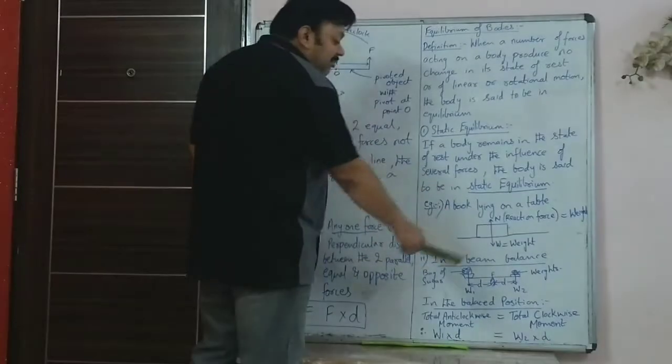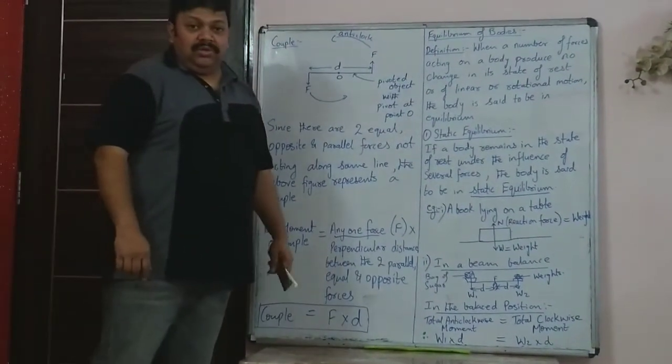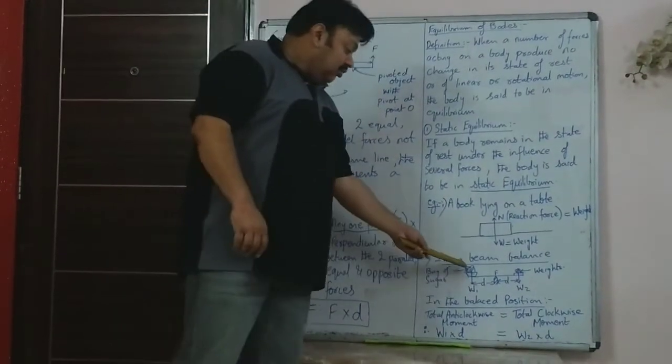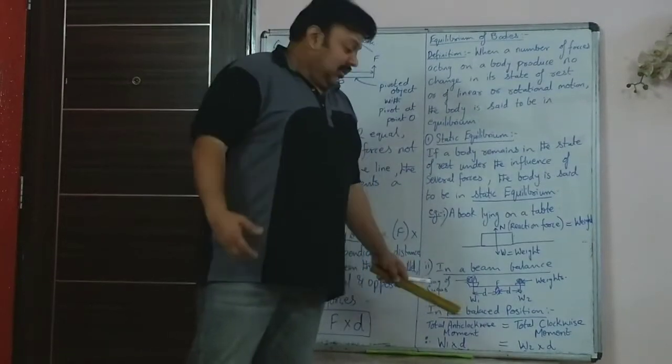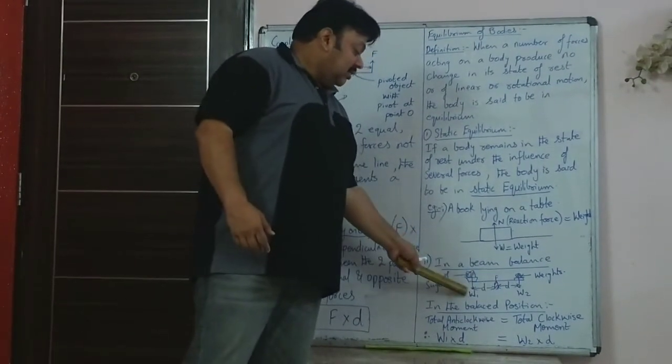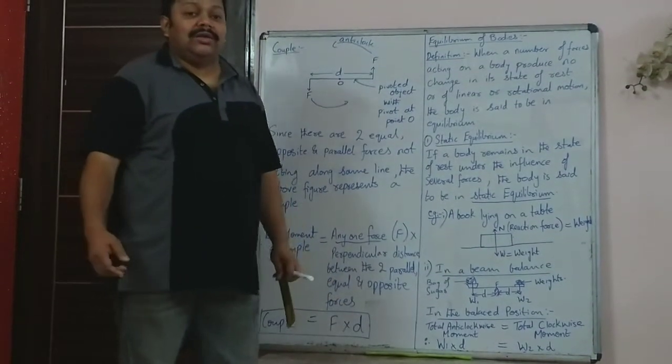Now, a beam balance. A beam balance is the balance that you see in a grocery shop. On one side you may put a bag of sugar, and on the other side weights are placed. In a beam balance, the distance on the left hand side and the distance on the right hand side are exactly the same.